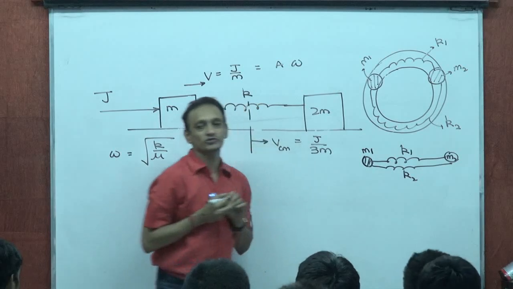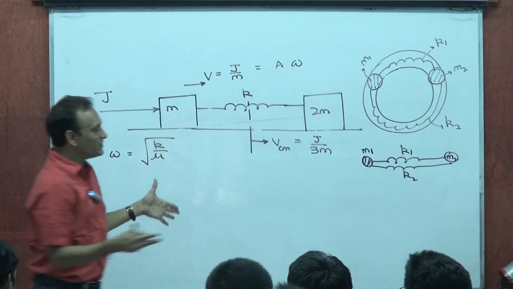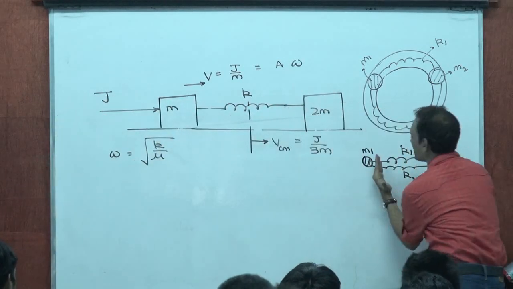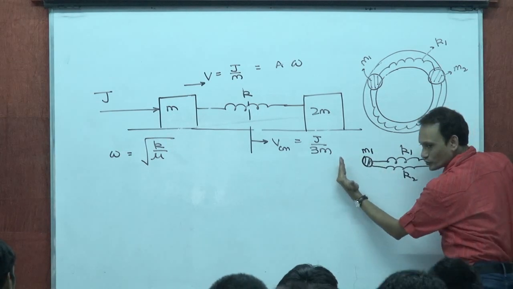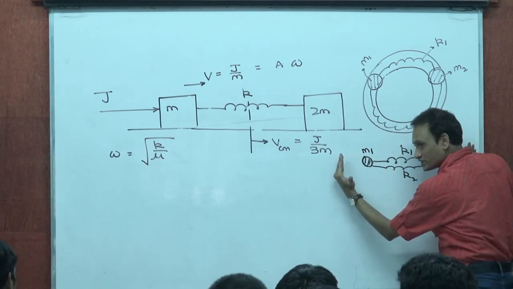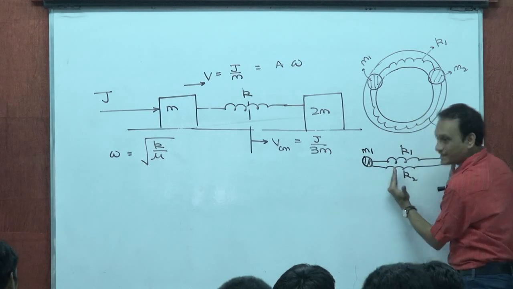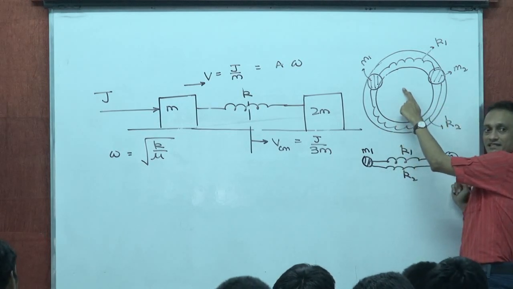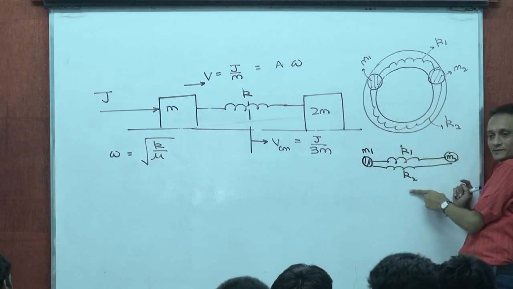Will it not get reduced to this? Because even in this, say if I compress it by an amount x, the force in the spring would be k1 plus k2 into x. Same with this, isn't it? So this could be reduced to this.